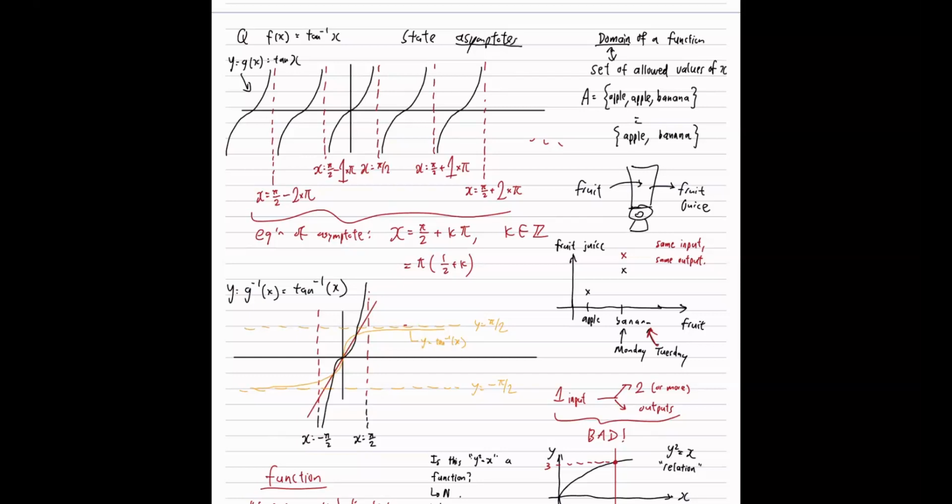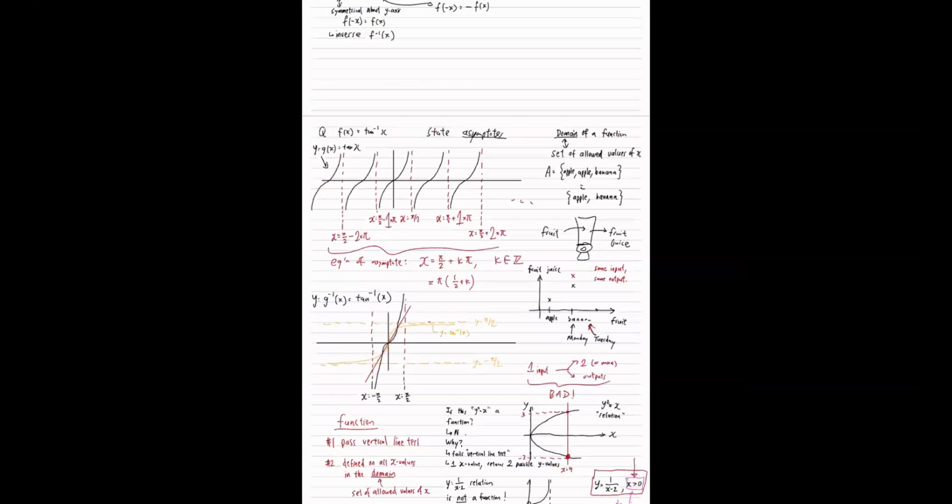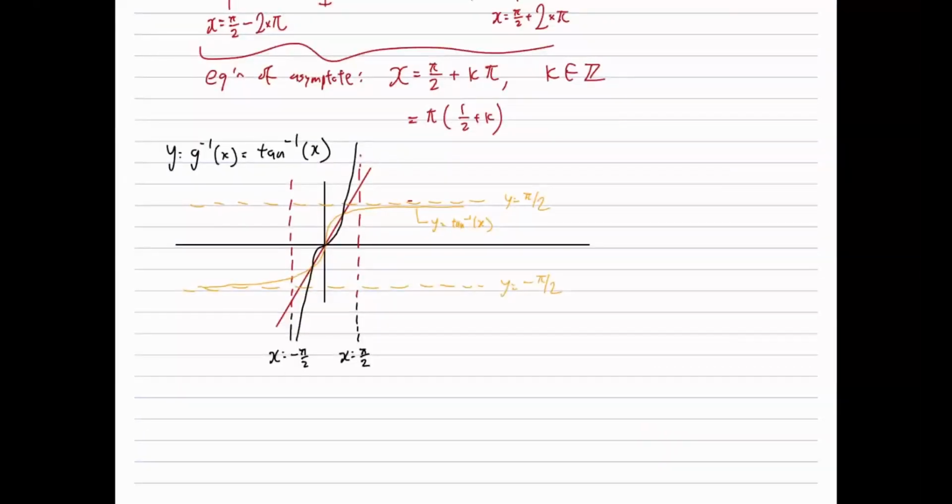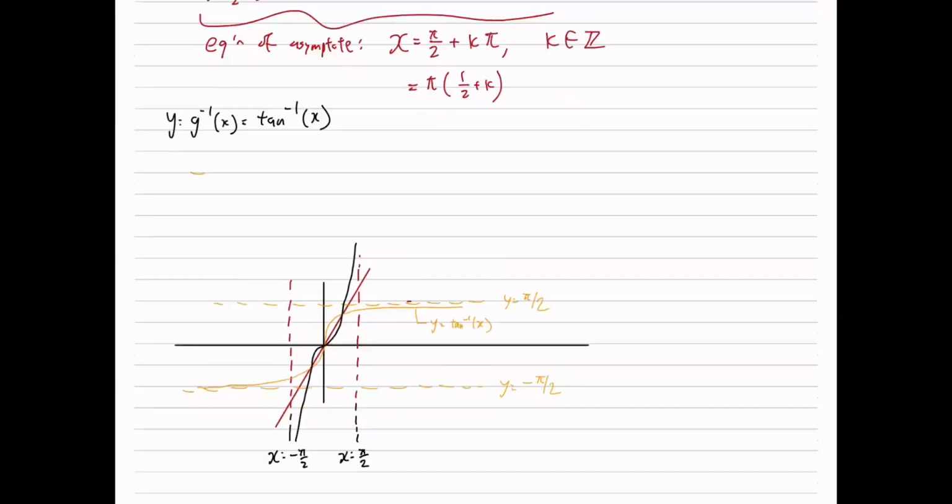Here's what will happen. This curve here, after I reflect it, let me see if I have enough space. No, I don't. Let me copy this to a new page. What will happen is that I will now need to have another copy of this graph. Copy it over like this.